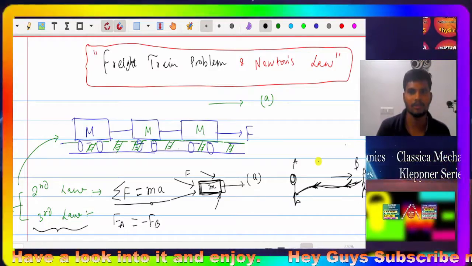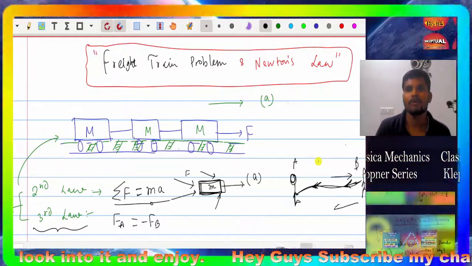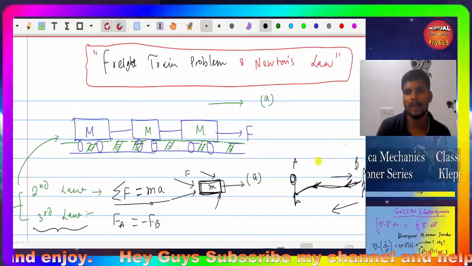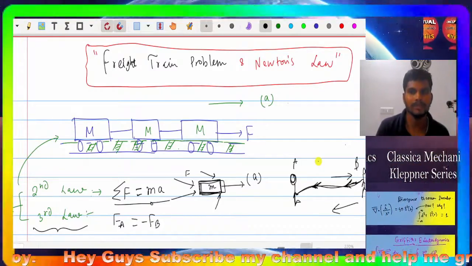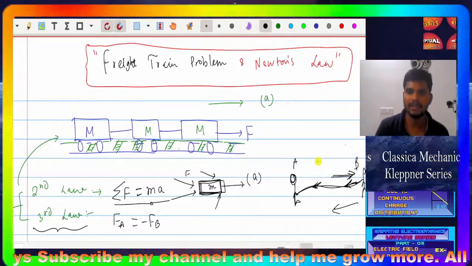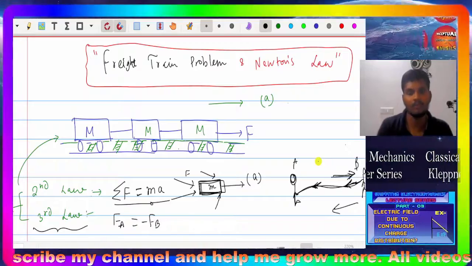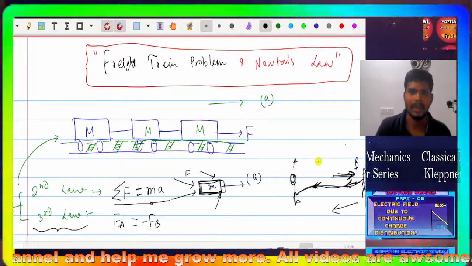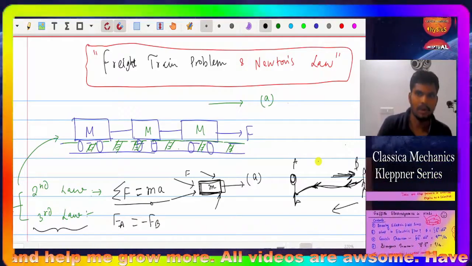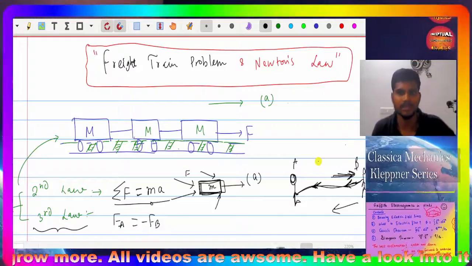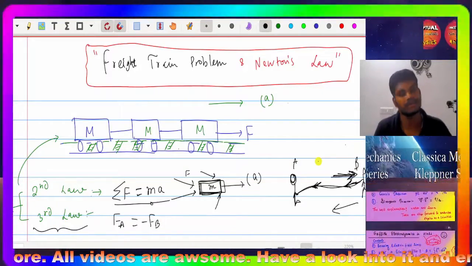Due to this Bob will fall toward her, but it is not as simple as that. Whatever force she is applying on Bob, she is also feeling that force. Newton's equation says that whatever force you apply, the same force acts on you as a reaction. You have done some action and there is a reaction in the opposite direction, which means you will also be pulled in that direction.